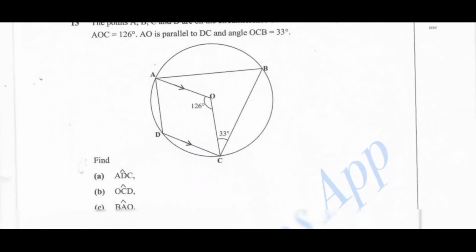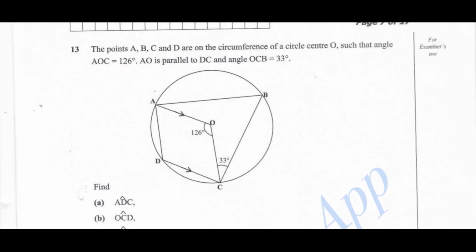Under question 13, you have to make sure that you have some properties that you need to commit to memory for you to understand this question. Now let's go through it. Points A, B, C and D are on the circumference of a circle, center O, such that angle AOC is equal to 126 degrees, AO is parallel to DC, and angle OCB is equal to 33 degrees.